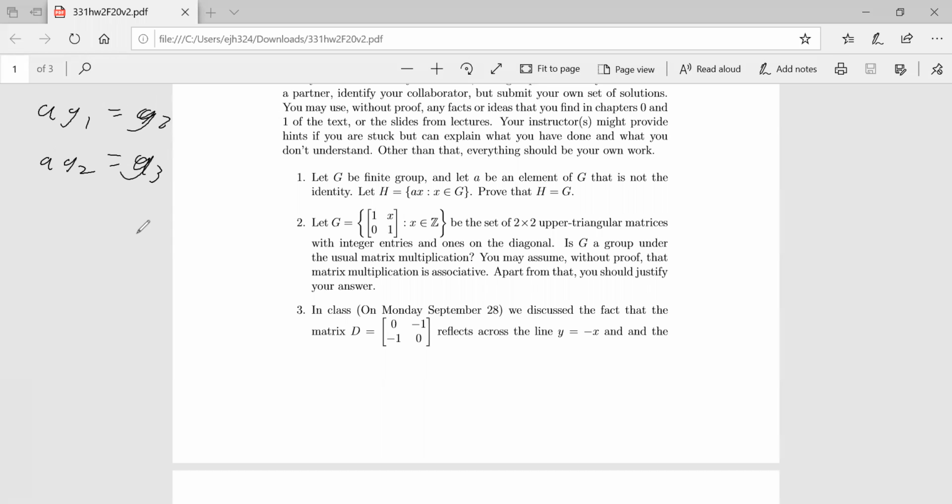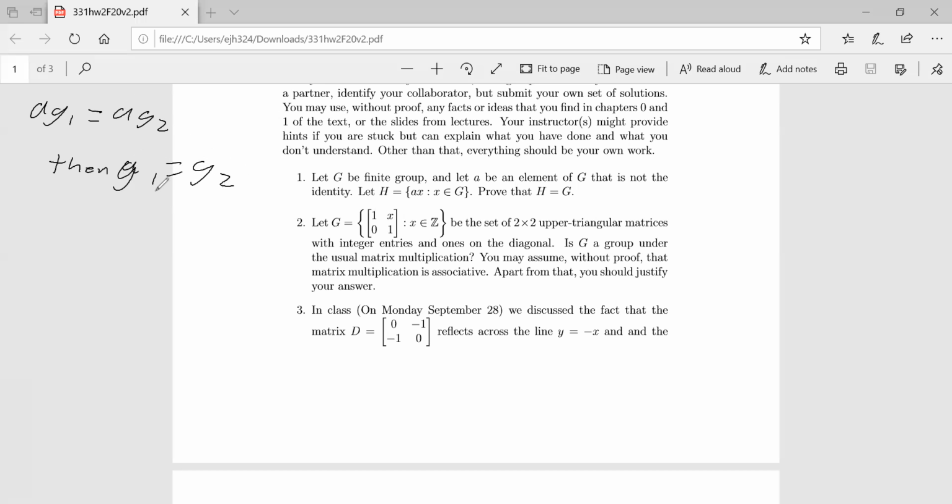So where do I want to go with this? Actually, I'm just going to try to prove that if A G1 is equal to A G2, then G1 is equal to G2.